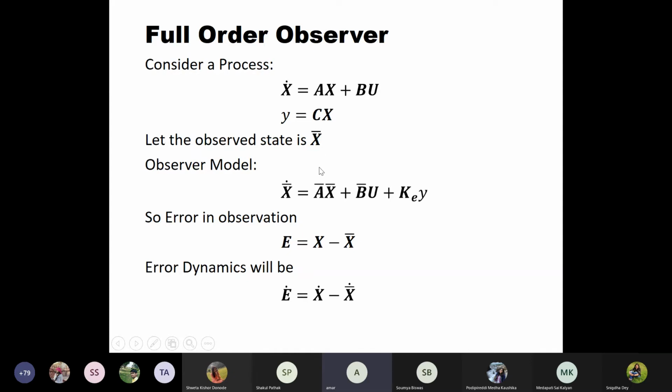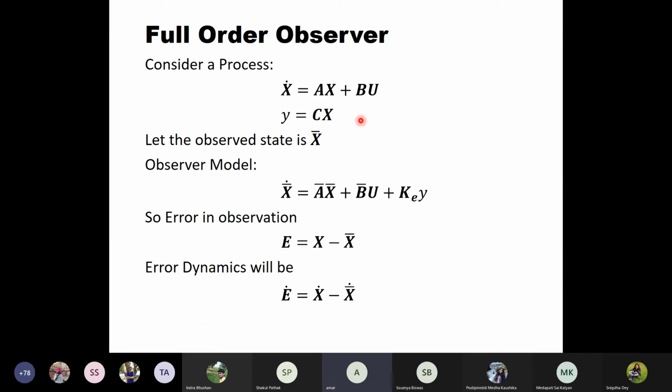So to ensure that I have some handle to put x bar to x, I have to take feedback of the measurement, because in the process, the only knowledge I have is the measurement, y. In the actual process, the only knowledge we have is the measurement, because the x are the states, which are not measured.